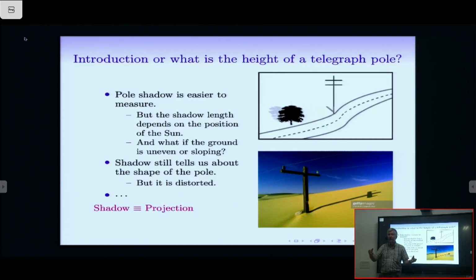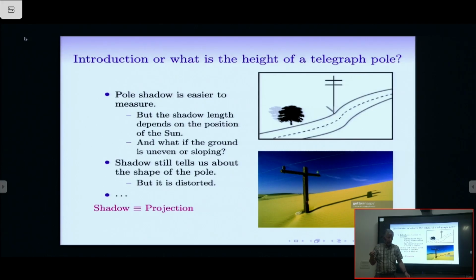And after this is done, I look at the particular features. And then when I'm satisfied, I move my light source and I look at other features of the same object, just not touching the object itself, but rather looking at its shadow. Okay, so that's the philosophical idea about what I'm going to tell you next mathematically.